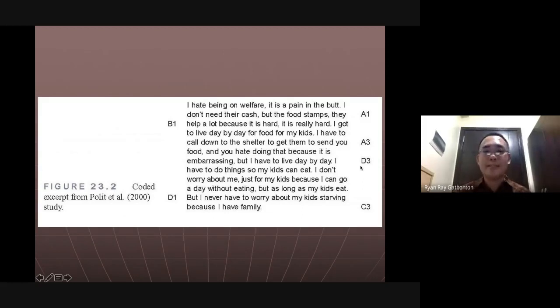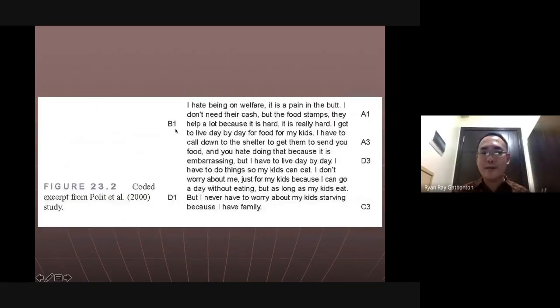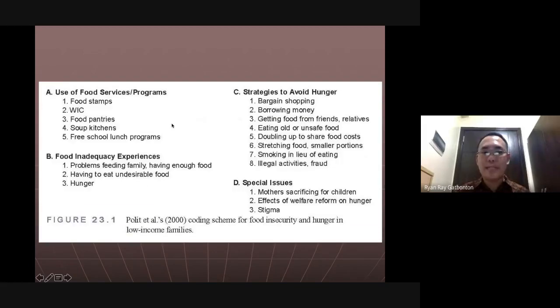This signifies that this part refers to the A1 of this scheme. Likewise, B1 refers to the category B1.